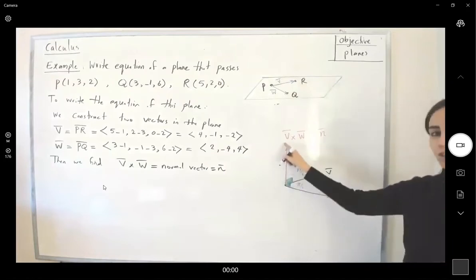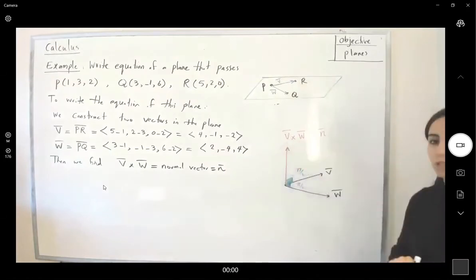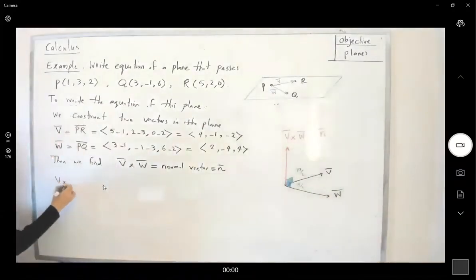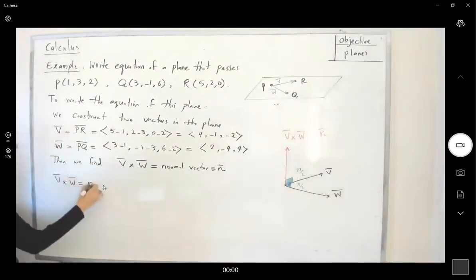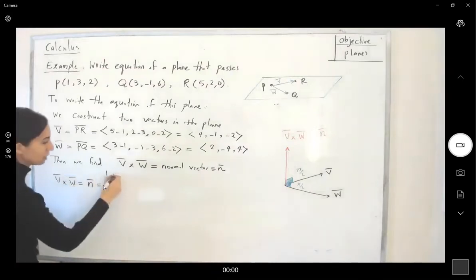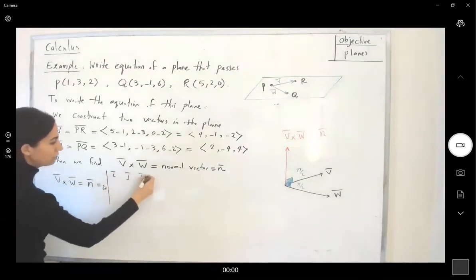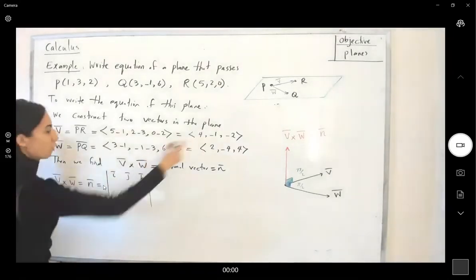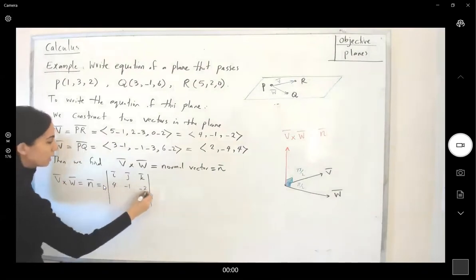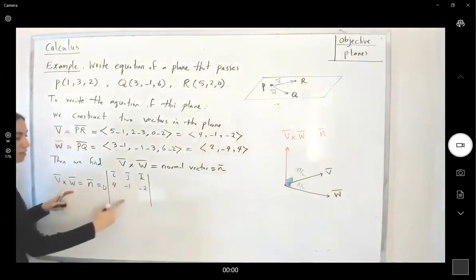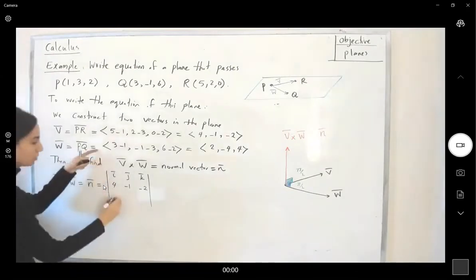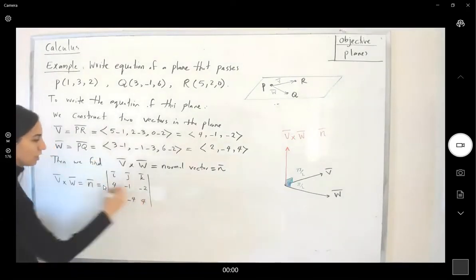The next step is to construct the cross product between them, the normal vector. So V cross W is equal to the determinant of I, J, K. The second row are the components of vector V, which is 4, -1, -2, and the third row are the components of vector W, which is 2, -4, 4.